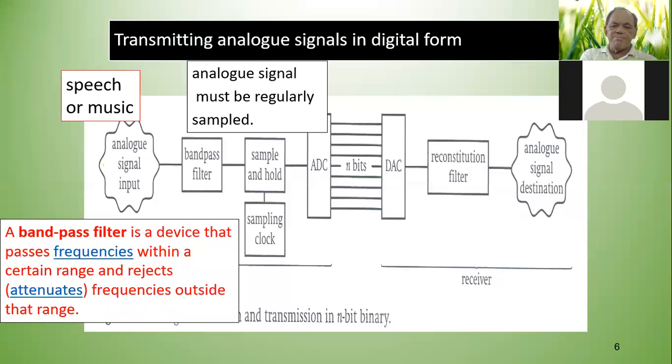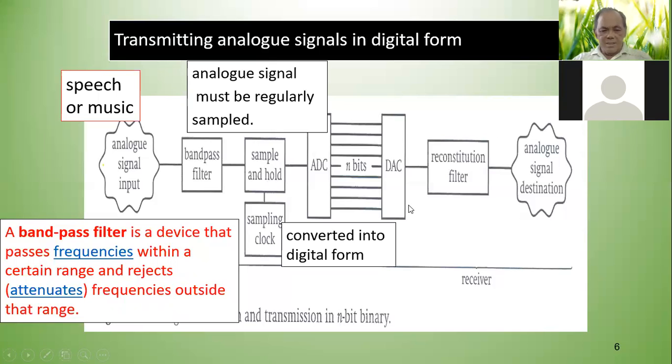Remember, we have to sample at a regular rate, so this electronic analog signal must be regularly sampled. The clock is the one to hold it and then send. Hold it, send.